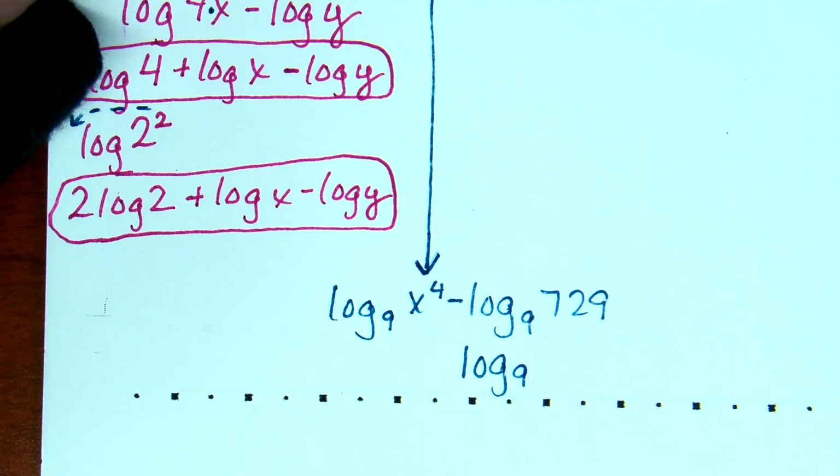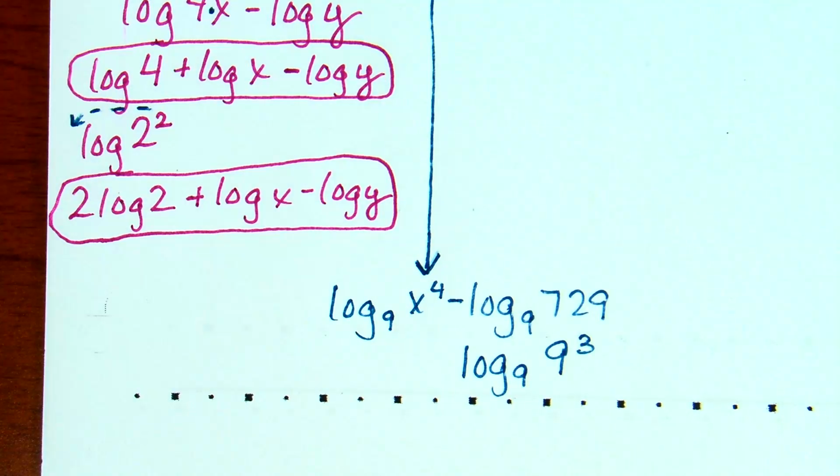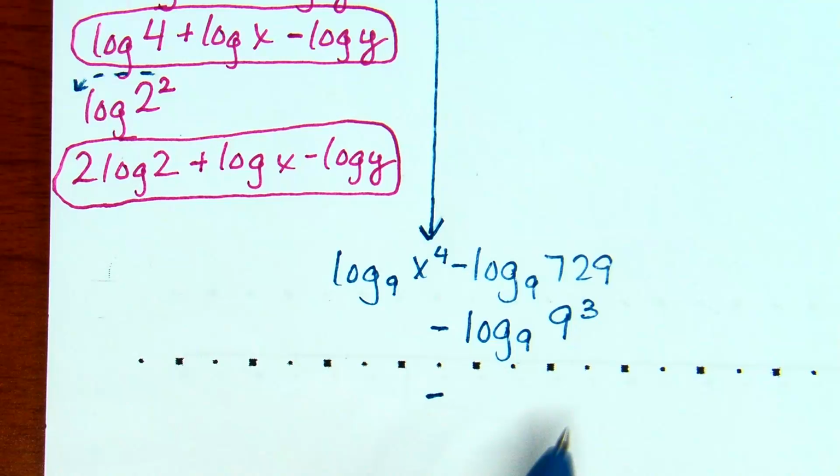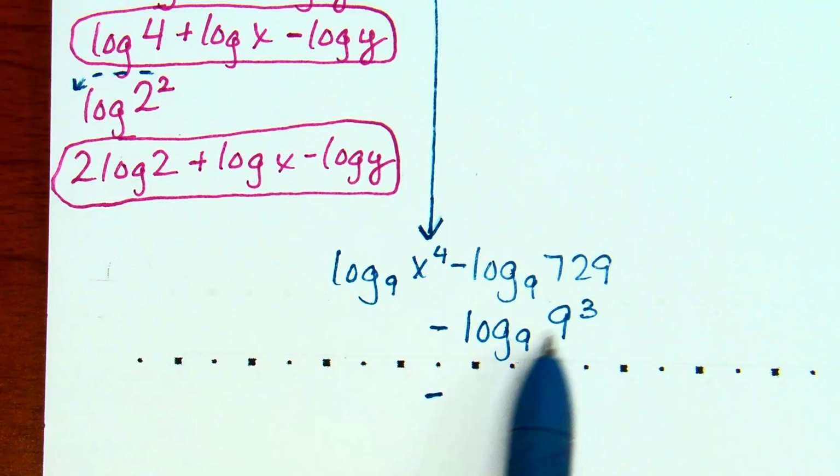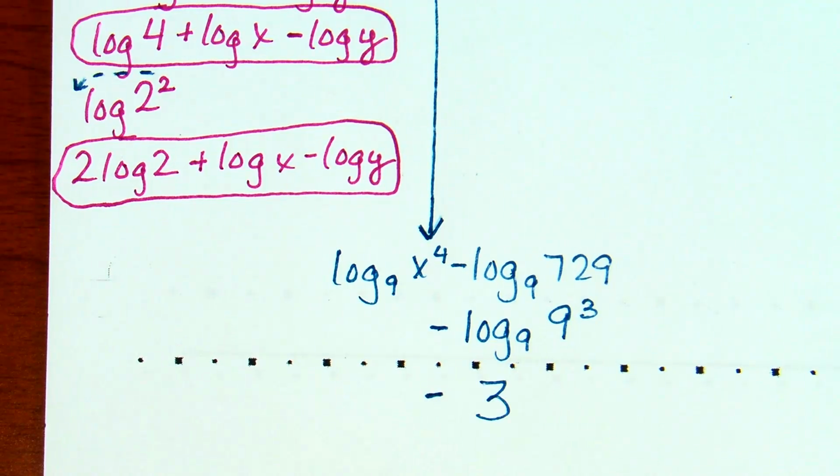729 is 9 to the 3rd. What do you know about log base 9 of 9 to the third? These two 9s are the same, so log base 9 of 9 to the third equals 3. When those 9s are the same, it equals the exponent.